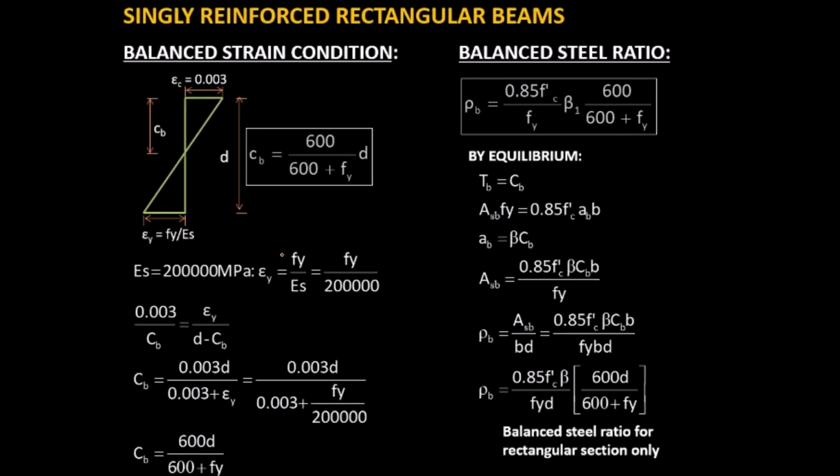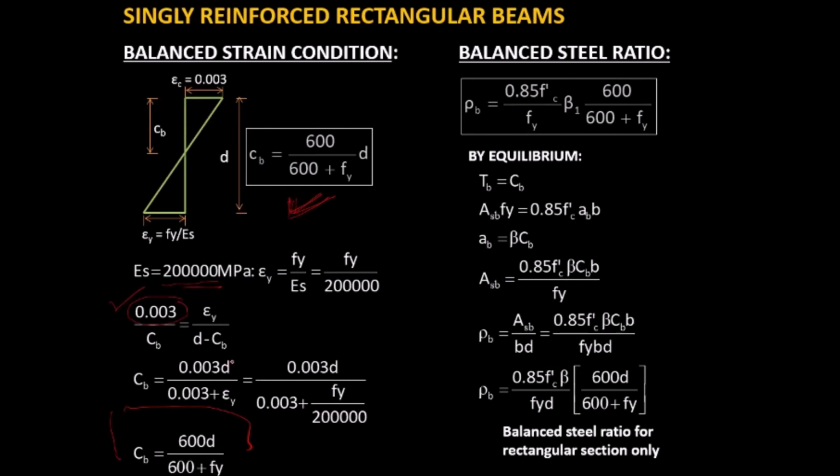Then meron tayo dito, ito, again, itong c_b na to is applicable to all sections. Then lumabas itong value na ito from this derivation using Es equal to 200,000 megapascal. Okay? Then yung 0.003 is εcu.